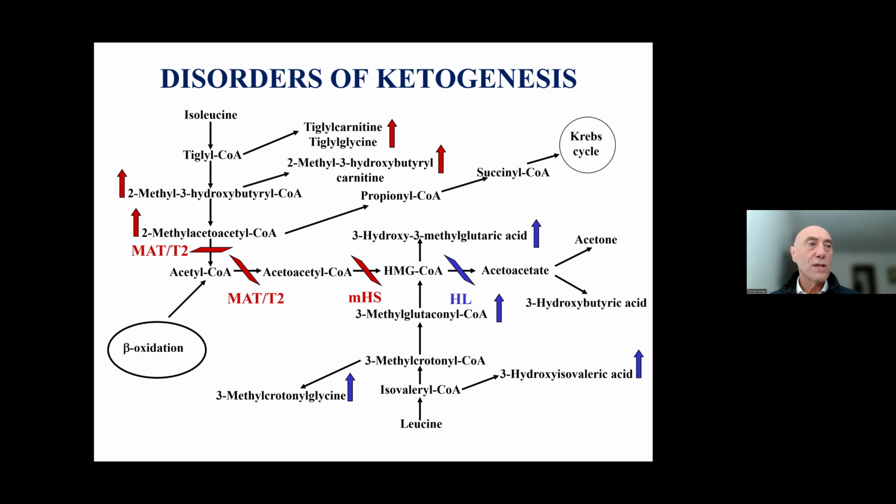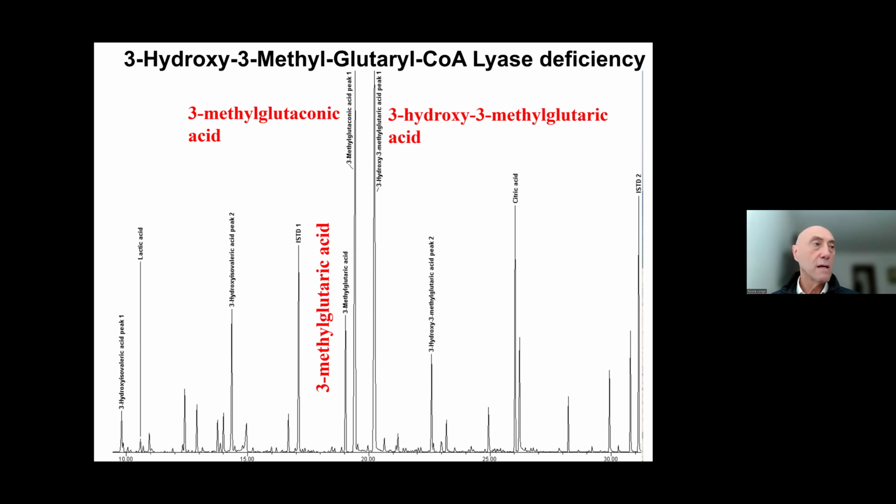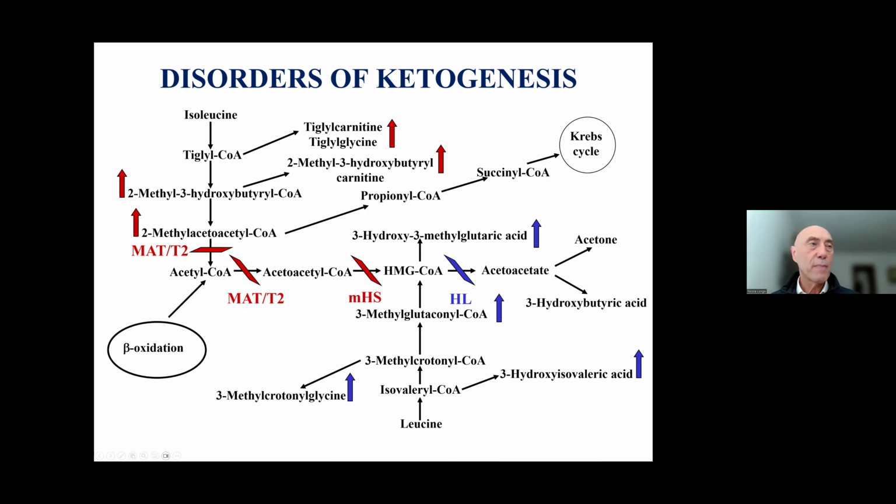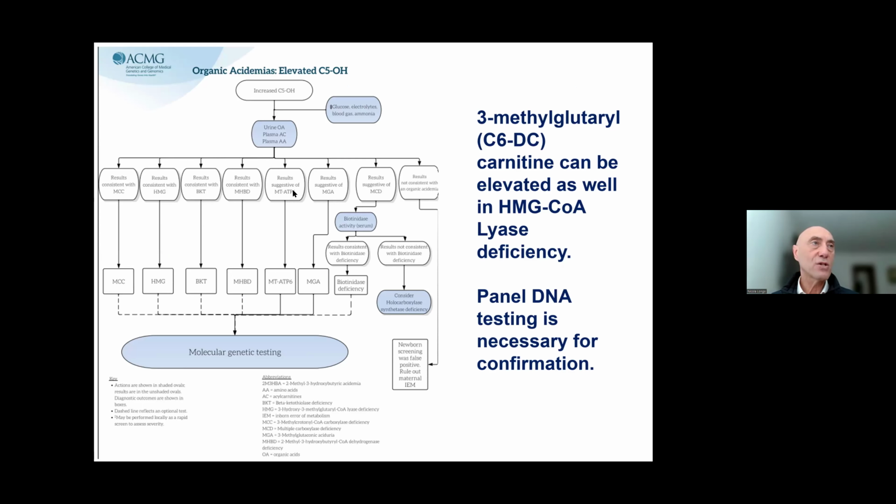Now, obviously, one of the markers that is increased is C5OH carnitine, which is here, and there is a big differential in patients who have elevated C5OH carnitine. This is the algorithm derived from the American College of Medical Genetics. These are called ACT sheets that tell you what to do if you have an abnormal marker on newborn screening. In this case, you have an ACT sheet for elevated C5OH.